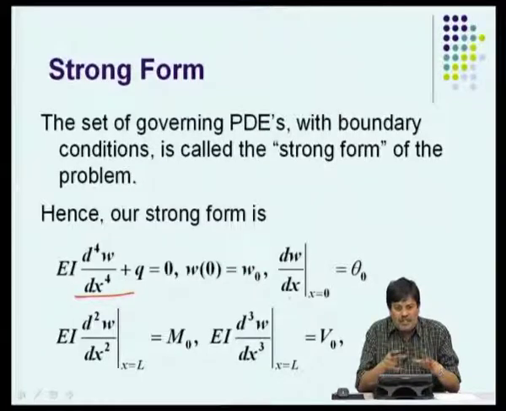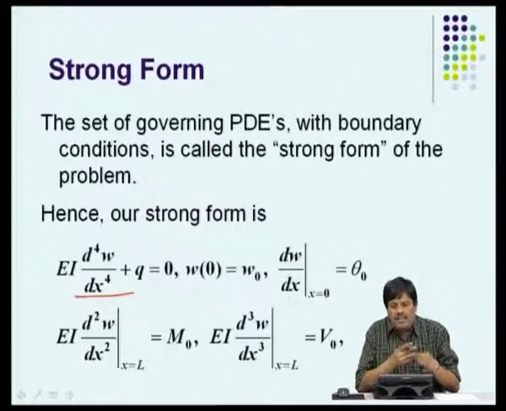So, this is the strong form, and you see that the strong form is always of higher order. We are having a fourth order system here. So, we can solve it exactly, we get 4 constants, and the 4 constants correspond to the 4 possible boundary conditions, that is 2 Neumann and 2 Dirichlet boundary conditions.